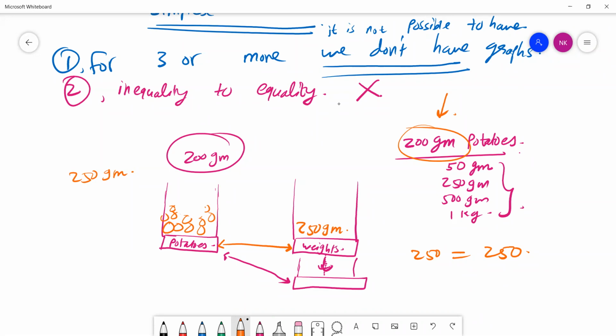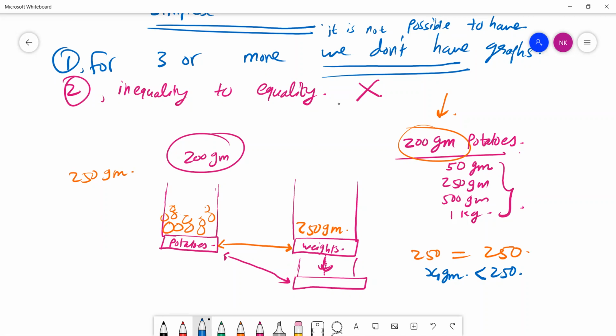Now I removed a few of the potatoes and made x1 gram of potatoes over here, which is less than 250 gram, because I removed a few of the potatoes. So my left side will have x1 gram of potatoes, which is less than 250 gram.